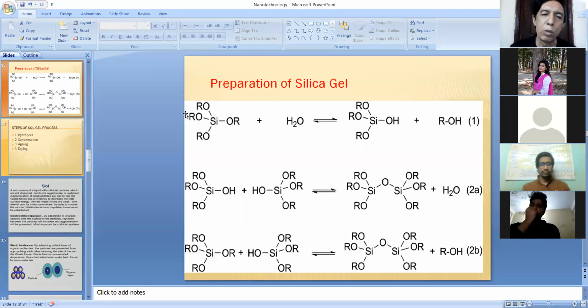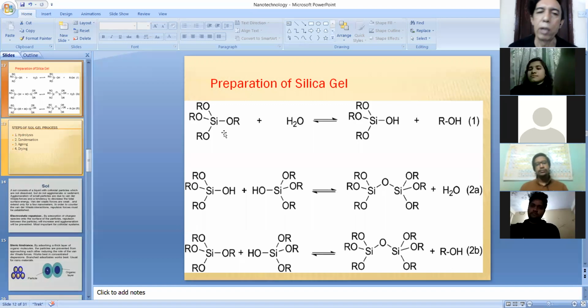If it is an ethoxy group, then the name of this compound is tetraethoxysilane. We told you the precursor will be an alkoxide or a metal chloride.